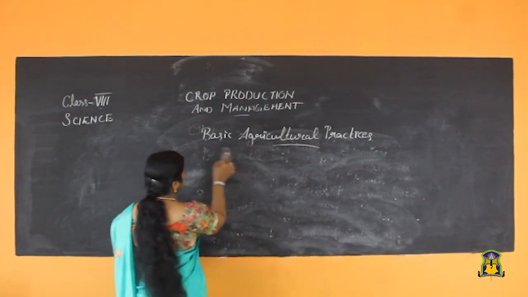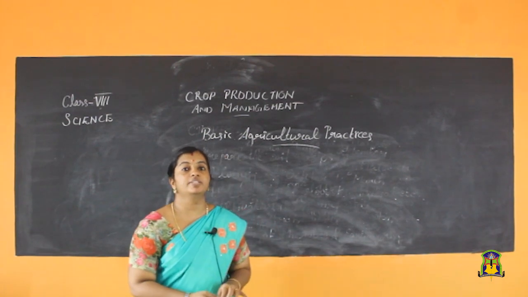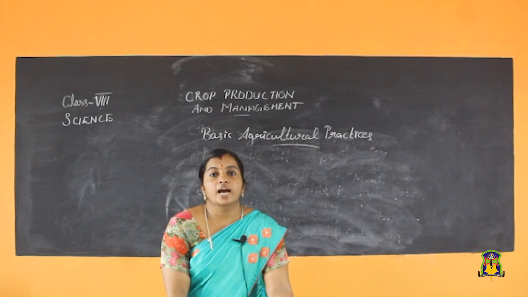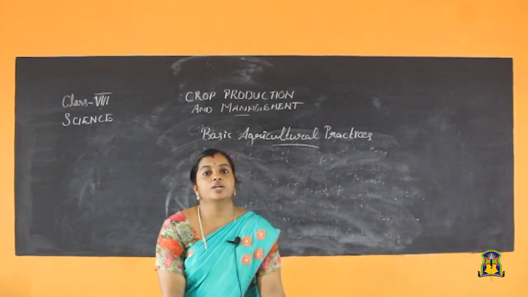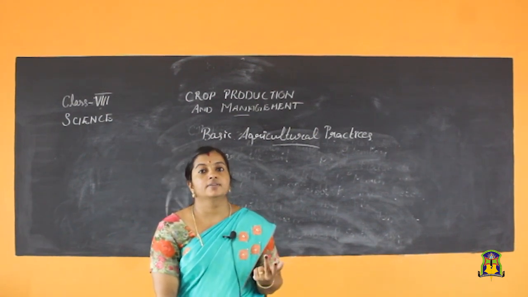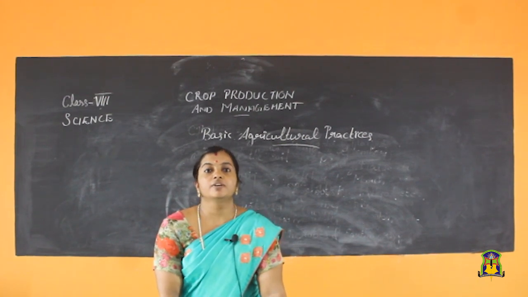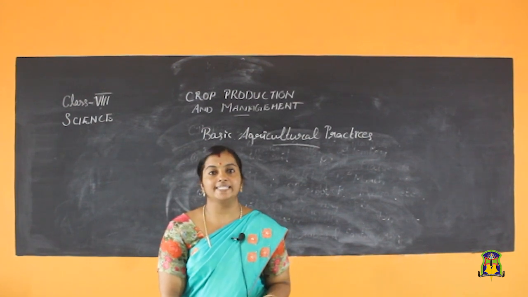So, what are the things we studied today? We studied the basic agricultural practices. Before that, we discussed crops. What is a crop? A crop is a large number of plants cultivated in the same area. Then we discussed the types of crops. There are cereal crops, then pulses, vegetables, fruits, oil crops, plantation crops and fiber crops. After that, we discussed the crops based on the season they are cultivated.